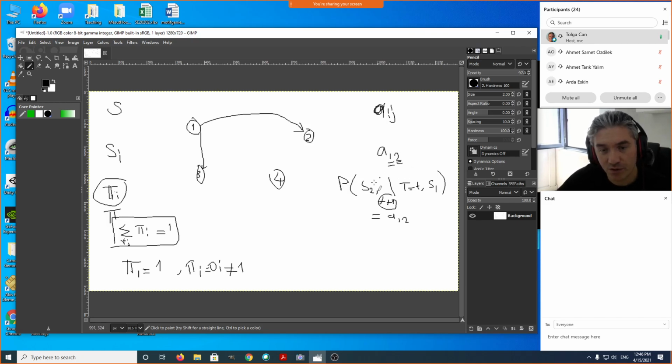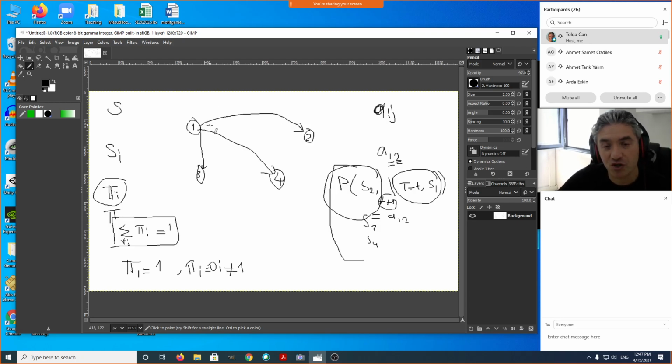And this one is also, given that you're currently in state 1, conditioning on that, all the possible outcomes, whether you're going to be in state 2, state 3, state 4, this is also a probability distribution over all the states. You can also think about it like this. If you see the Markov model as a state diagram with arrows with directions, these arrows indicate transition probabilities from state 1 to state 2.